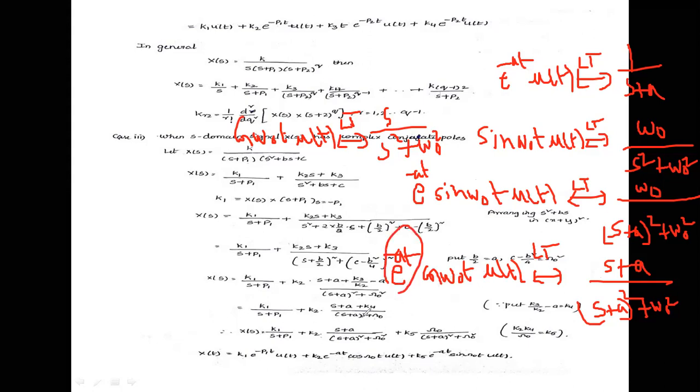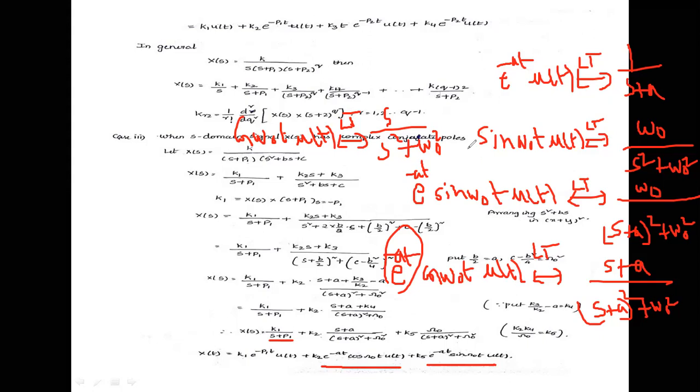So the above equation is also in terms of Laplace transformation; to get the inverse Laplace transformation, s plus a by s plus a whole square plus omega naught square means e power minus at cos omega naught t mu of t. And omega naught by s plus a whole square plus omega naught square is equivalent to e power minus at sine omega naught t mu of t.